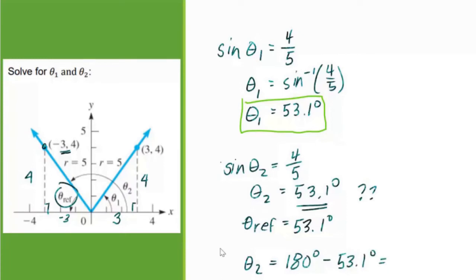What do we get? 126.9 degrees. So unless we know that our angle is definitely in quadrant 1, we assume that we're always finding the reference angle, and while it is possibly the answer to our problem, we may have to do a second step in order to find the final answer.